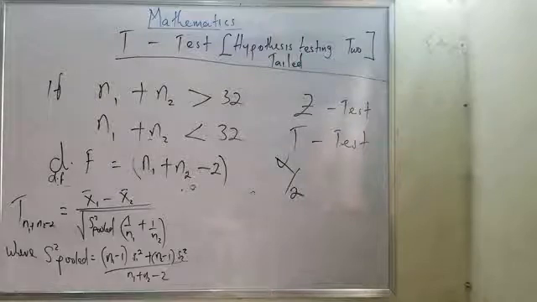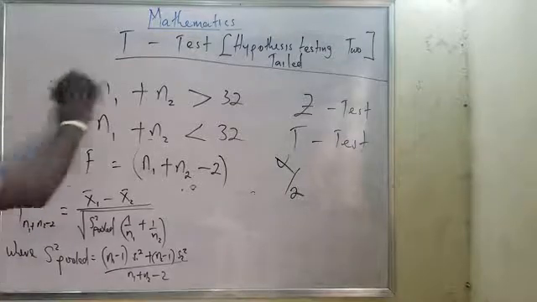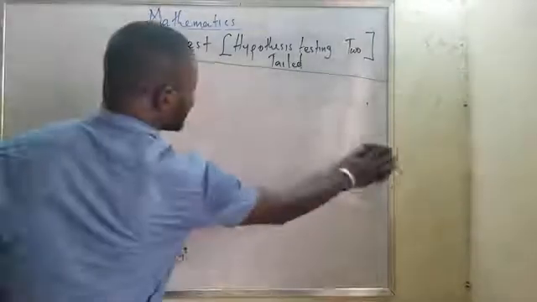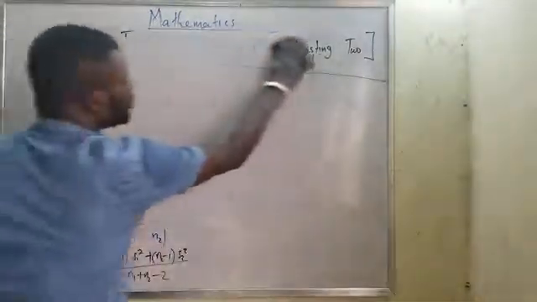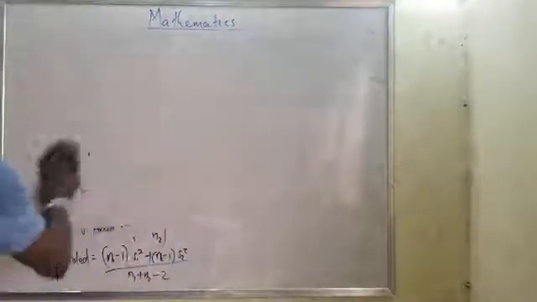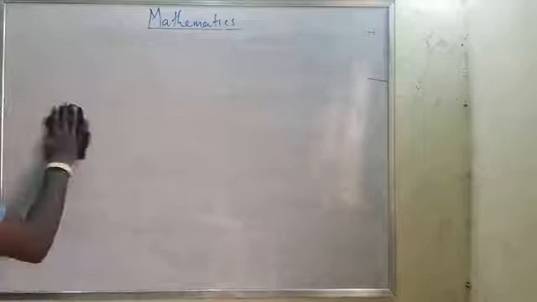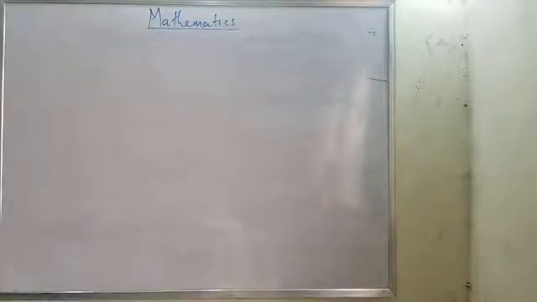Now, with this, let me give one or two examples that will really help us to explain all that I've been saying. Okay, I need to rub this part because I'll be using the space. Let me give an example of a problem that will relate all that I've been explaining.